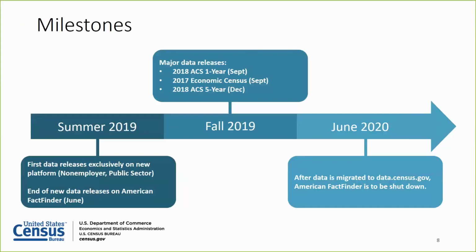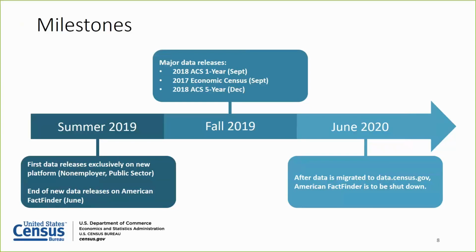Also in June, we stopped releasing our new data on American FactFinder, and now we release exclusively on data.census.gov. Those things that were coming to you from AFF will now be on data.census.gov. Some of our major releases will be happening next month, in September: the 2017 Economic Census and the 2018 ACS 1-year. And then the 2018 ACS 5-year data will be released in December.